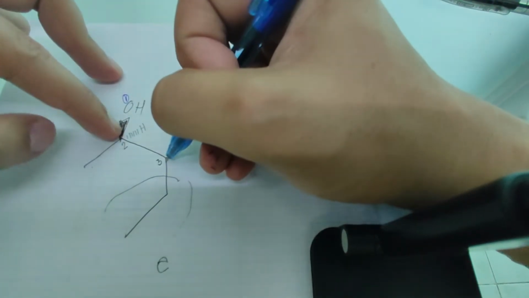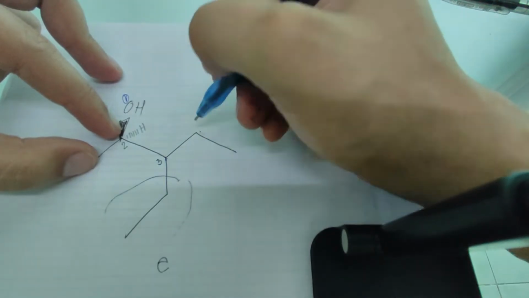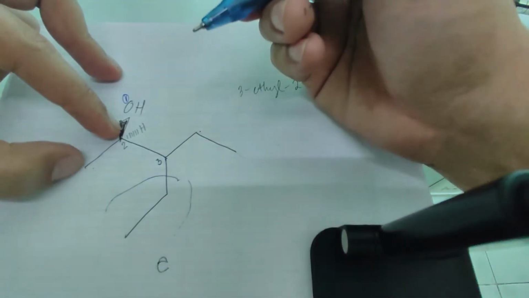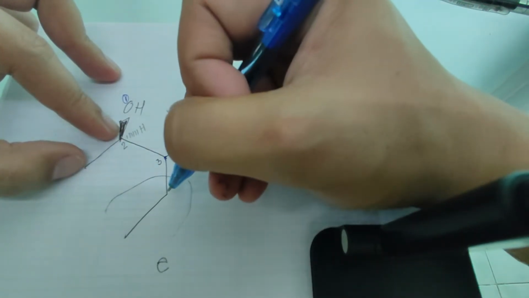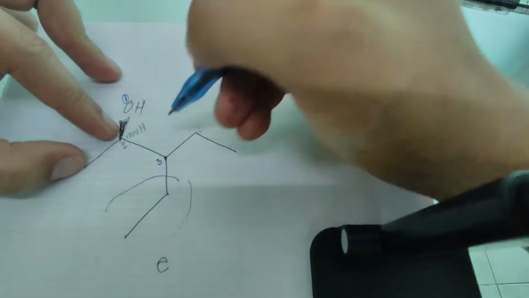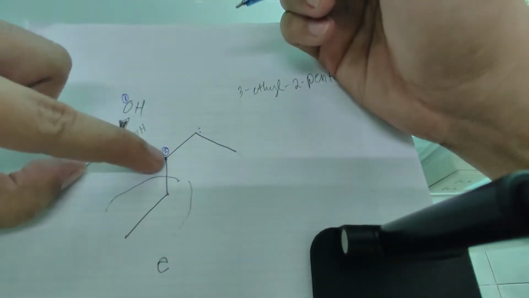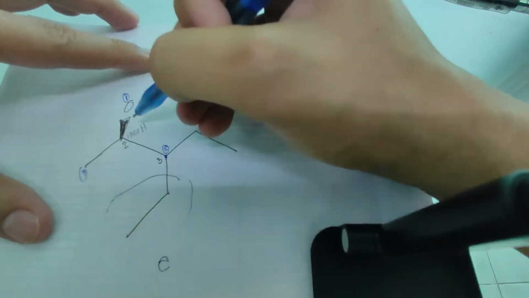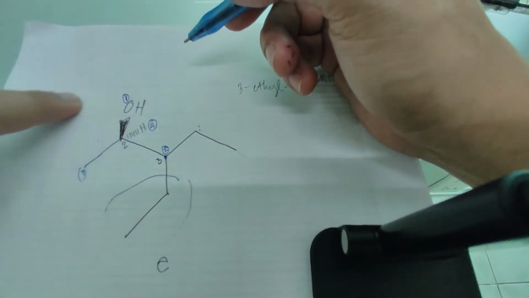Is it this carbon or this carbon? They are both carbons, so we look at the next bonds. The next bonds of this carbon on the left are hydrogens, three hydrogens, while this one has two other carbons. Therefore, that is the one we prefer. So that is 2, automatically 3, and then 4. Look at the sequence 1, 2, 3.